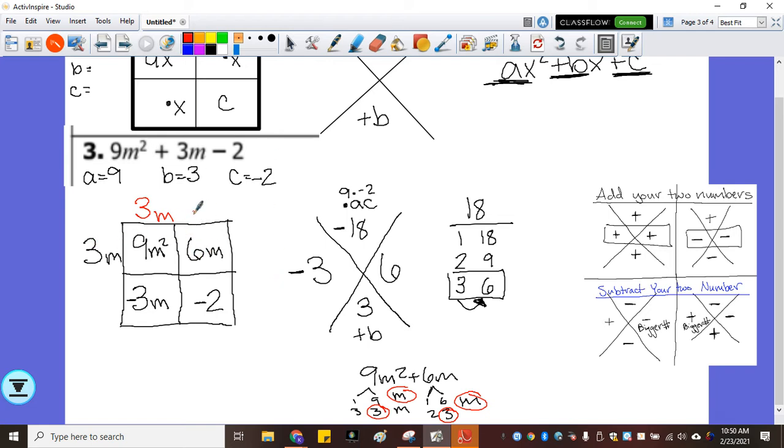Okay, so 3 times what gives you 6? 2. There we go. Got it today. And then 3 times what gives me negative 3? Negative 1. Nice job. And then just to check we got it right, negative 1 times 2 gave me negative 2.